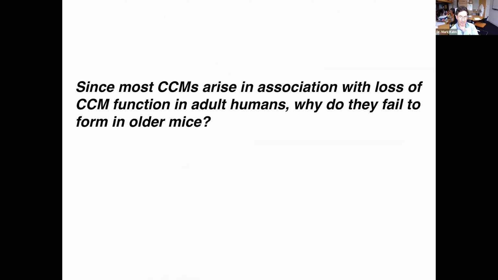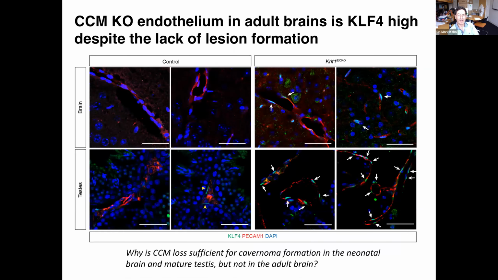And since we know that most of these cavernomas arise in adults, in humans, the question was, why weren't we seeing them form in older mice? And when we took a look at the endothelial cells in these older mice after having deleted the CCM1 or KRIT1, we could see that we were indeed inducing a high level of KLF4.